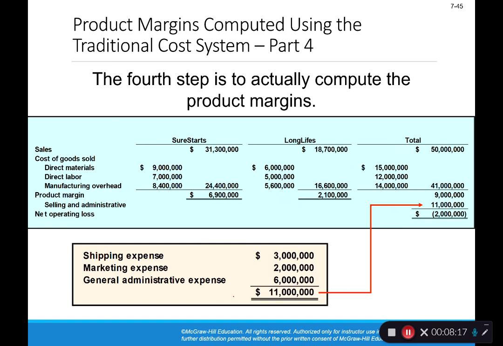So that gives us our product margin for each of our products. And then we have to take out our selling and administrative costs. So our shipping, marketing, and general admin costs don't get allocated under traditional costing. So that entire amount gets deducted to arrive at our net operating loss of $2 million. So whether you use traditional or ABC costing, the net income is the same.